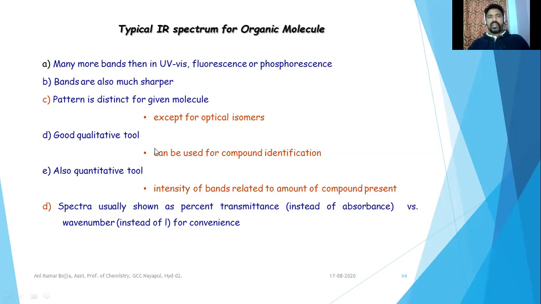But here, instead of absorbance, the IR spectrum uses percentage of transmittance, and instead of wavelength, we take wave number on the x-axis. So these are a few points I have discussed. There are many applications of infrared spectroscopy in organic chemistry. Not only in organic chemistry, even in inorganic molecules we can study.